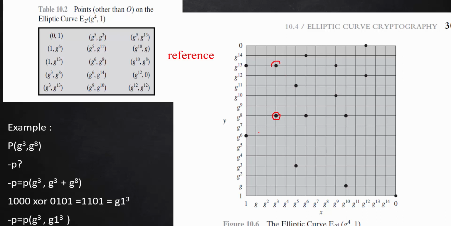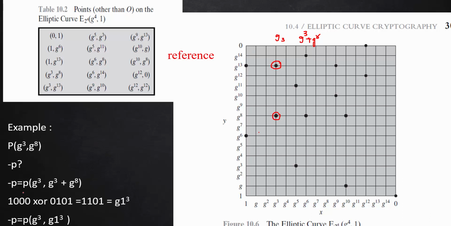The x coordinate of these 2 points is the same, that is g3 itself. And the y coordinate is what? x plus y, that is g3 plus g8. Is g3 plus g8 equal to g30?